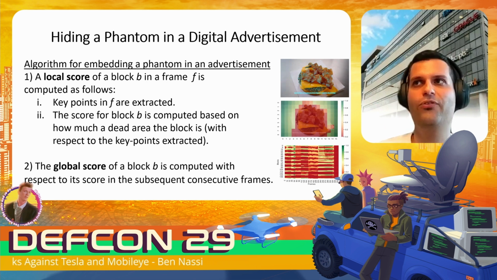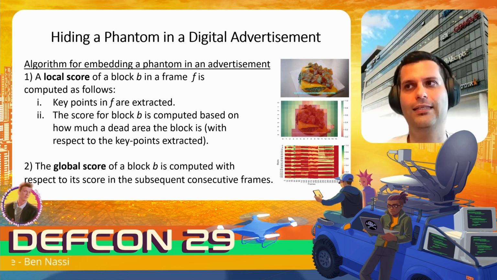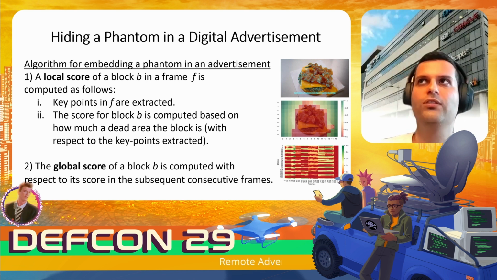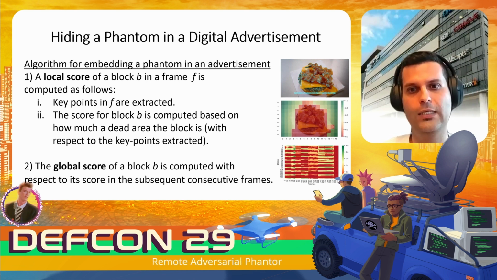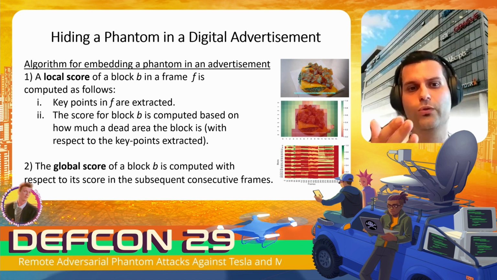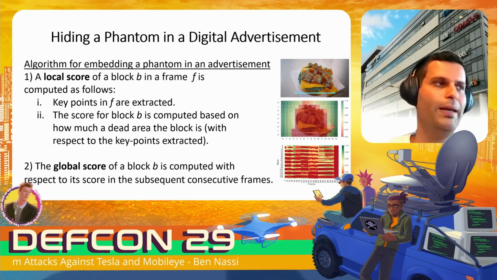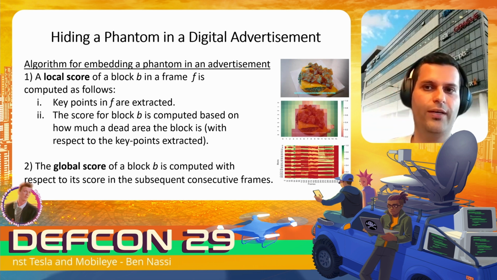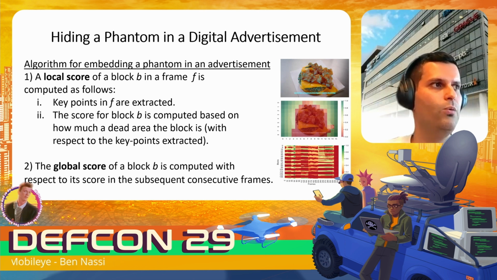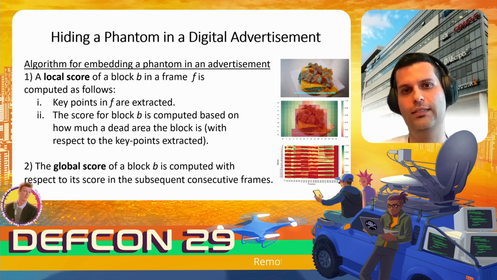It means that if you know that the Mobileye threshold was set to 125 milliseconds, which corresponds to 4 subsequent frames in this specific advertisement, what you need to do is compute the global score of each and every block with respect to its 4 consecutive frames. And by doing so, you can locate the best block that can be used to embed a phantom inside of it.